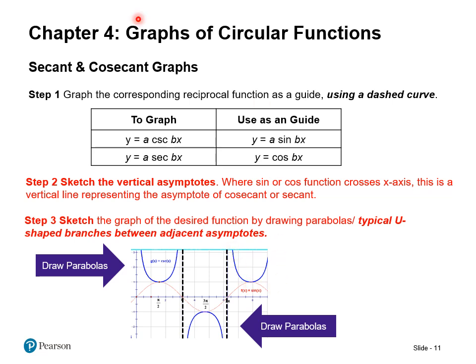So secant and cosecant, as long as you can graph sine and cosine, these are pretty straightforward. And so you're going to graph the sine or cosine, add the asymptotes, and then simply build parabolas that meet up exactly at the point. All right.